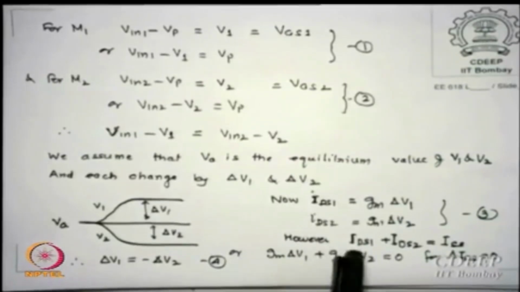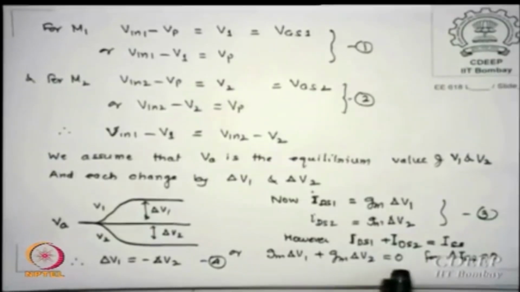However, the sum total of this current is always ISS, so GM delta V1 plus GM delta V2 is 0, since delta ISS is 0, that is, no change in the bias current. So these two currents must sum to 0, which essentially says that delta V1 is equal to minus delta V2.